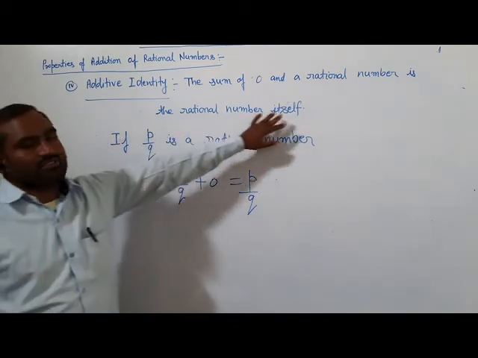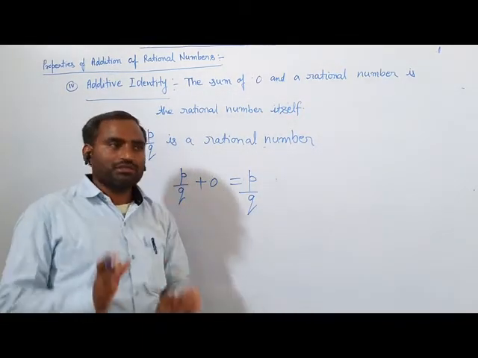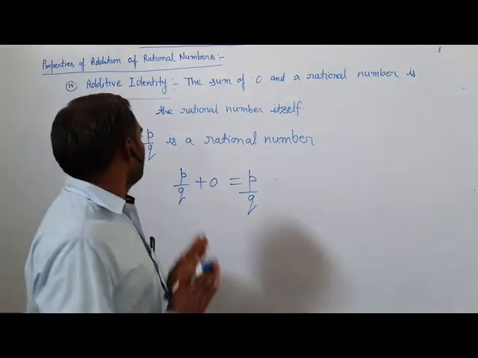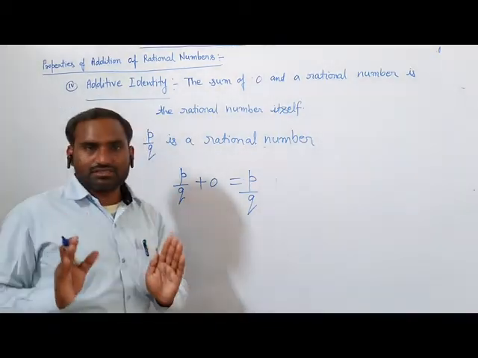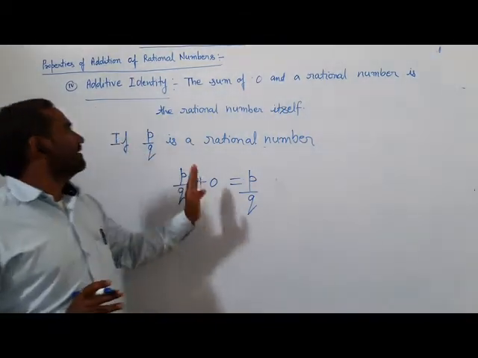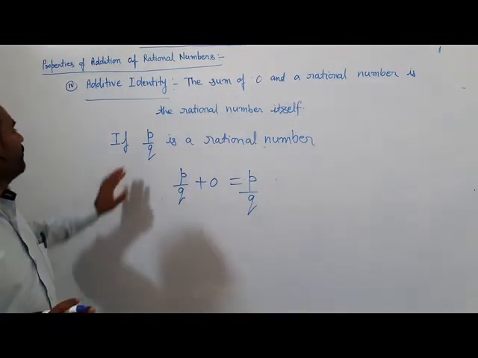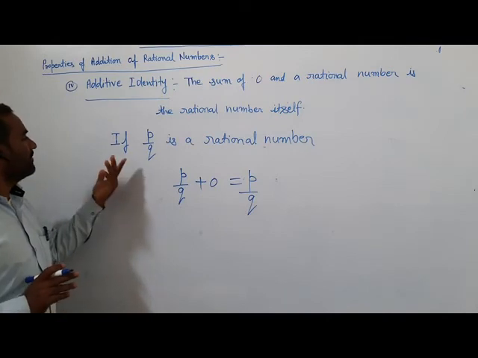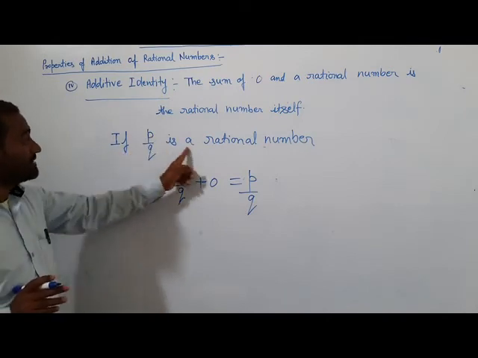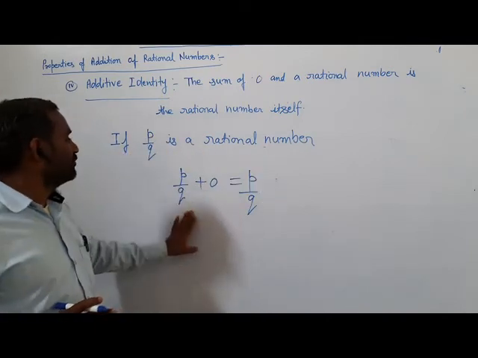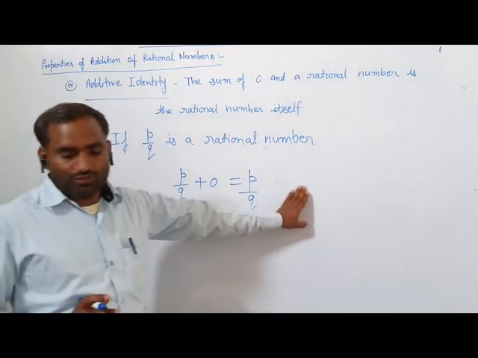When we add 0 and any rational number, the answer is the rational number itself. For example, if P by Q is a rational number, then P by Q plus 0 is equal to P by Q.